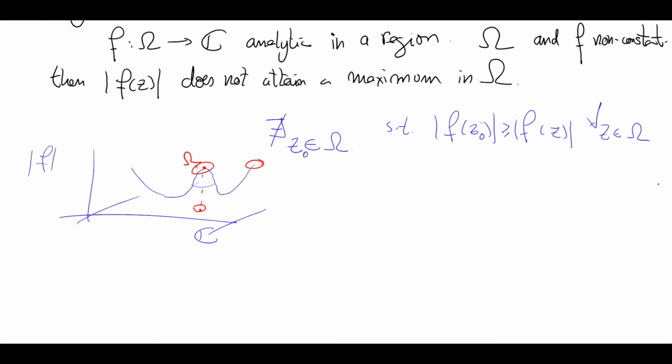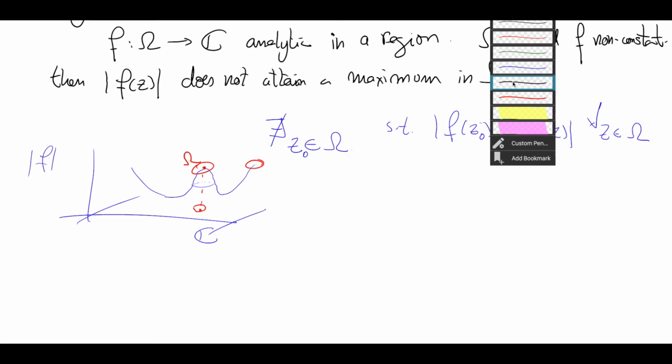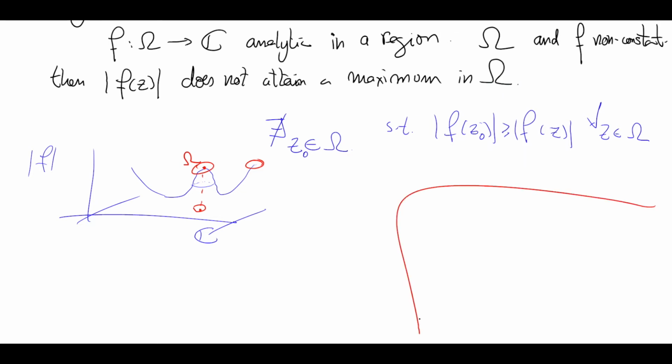Okay, so addressing the issue with the comment about Liouville's theorem, you could imagine a function that, outside, for a large modulus of z, goes like f of z equals, say, a minus 1 over z, or something like this.